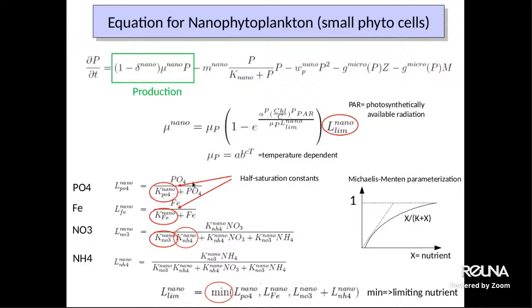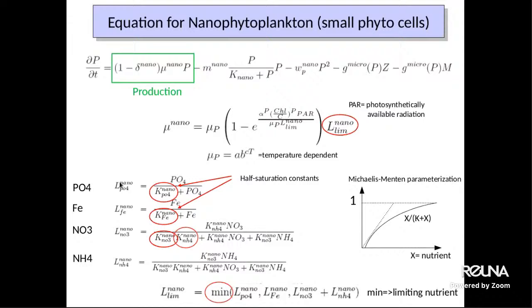Generally, the nutrient over a half saturation constant plus the nutrient concentration. So you have this for phosphate, you have L nano for iron here, and a little bit more complex for nitrate and for ammonium, with also these constants for each nutrient.